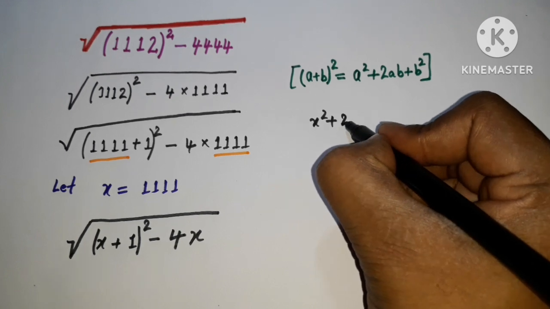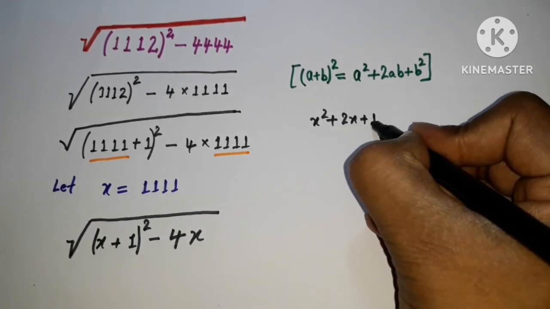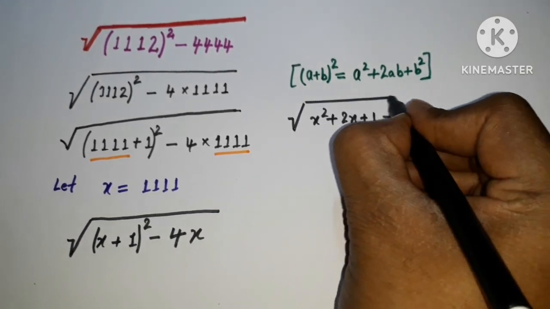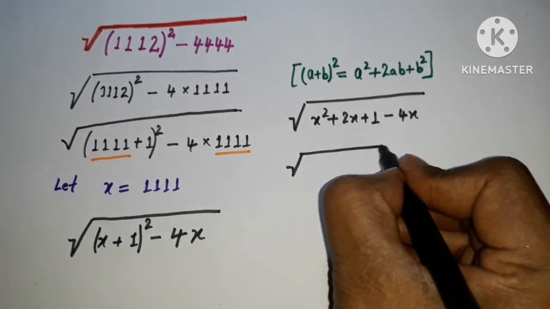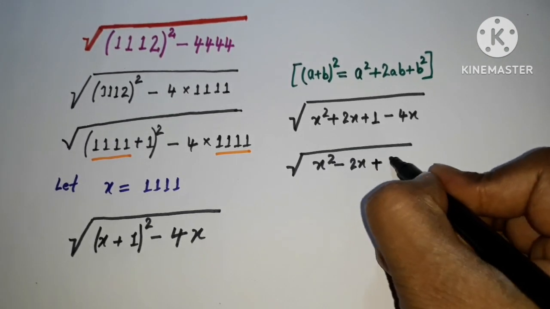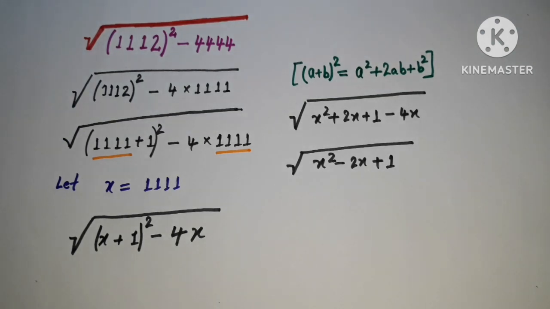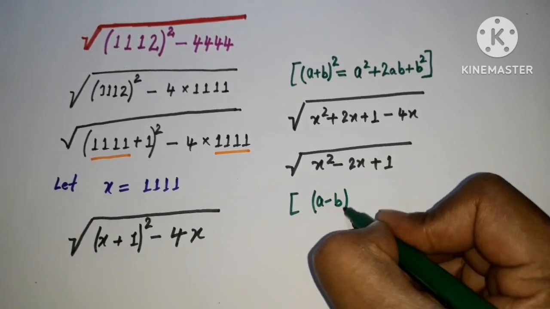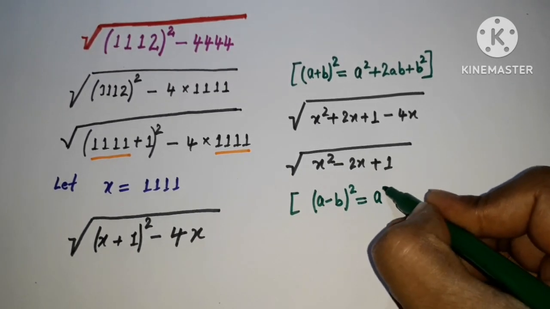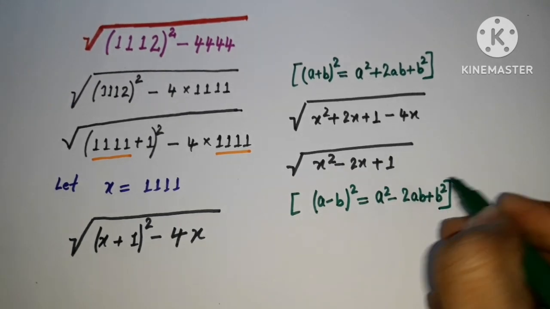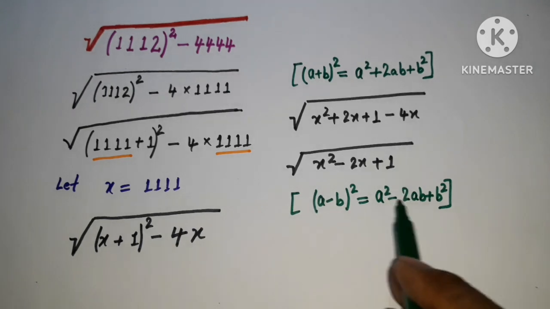If I break down this square, we have x square plus 2x plus 1 minus 4x, and that is going to give us x square minus 2x plus 1. This is also one kind of identity, and that identity is (a minus b) whole square, which gives a square minus 2ab plus b square.